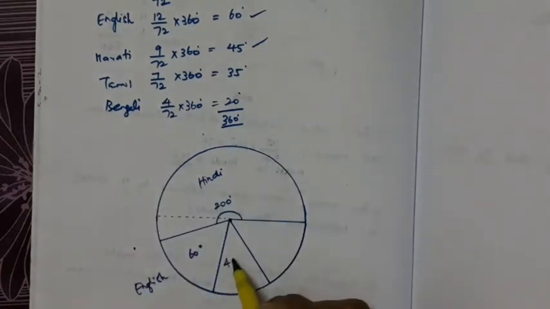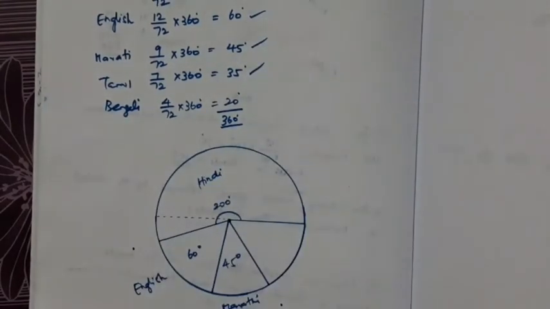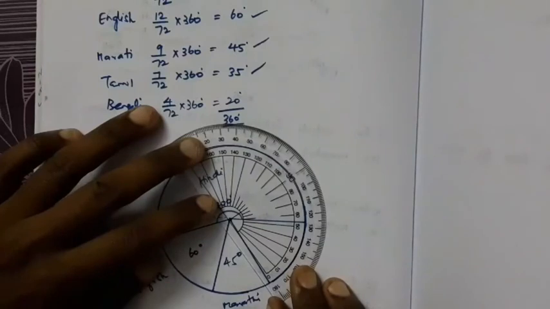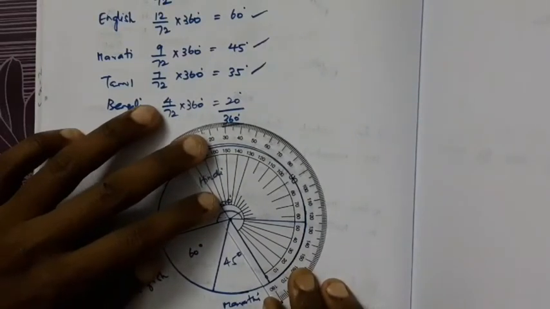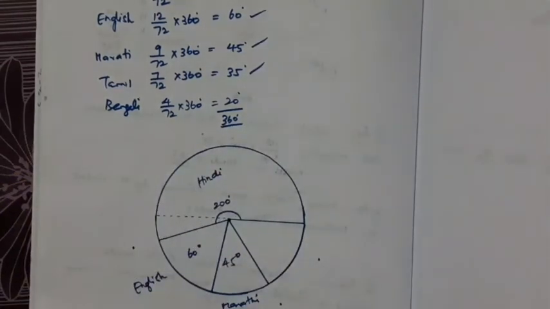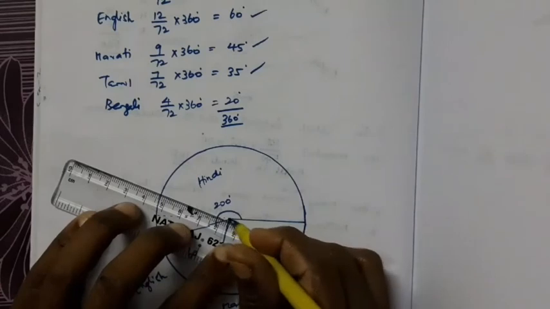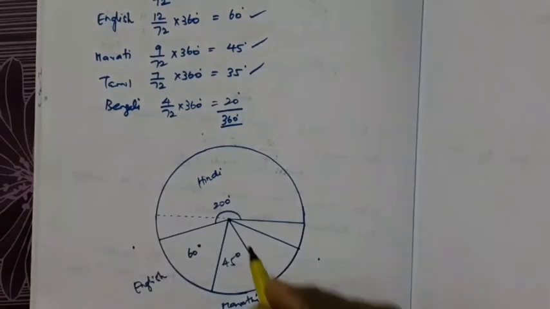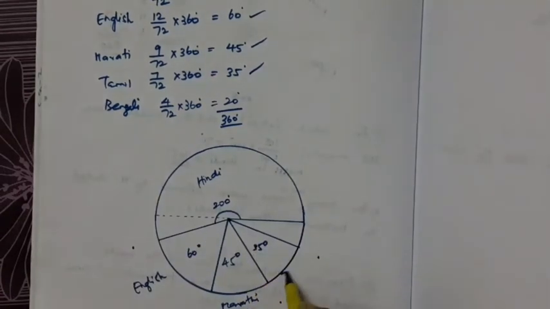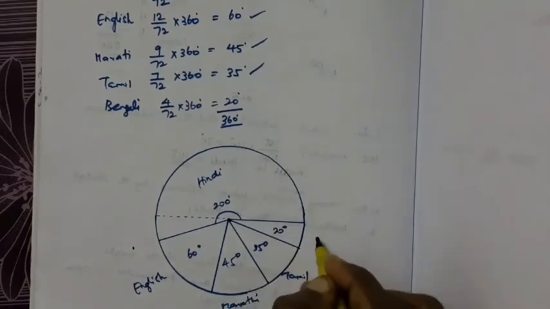This is 45 degrees, Marathi, and then 35 degrees, Tamil. So 35 is here. This is 35 degrees, Tamil, and the remaining will be 20 degrees, which is Bengali.